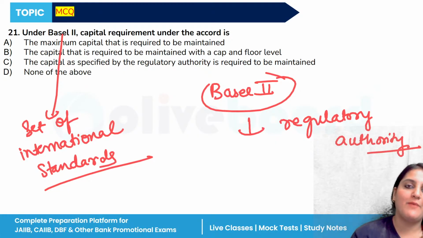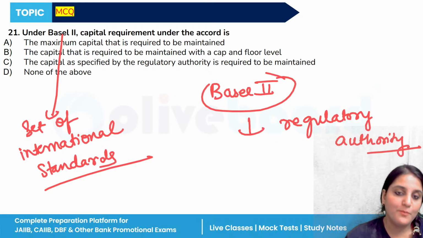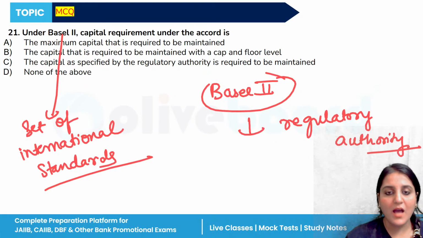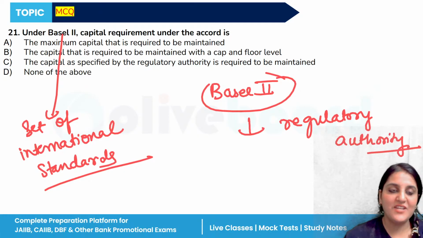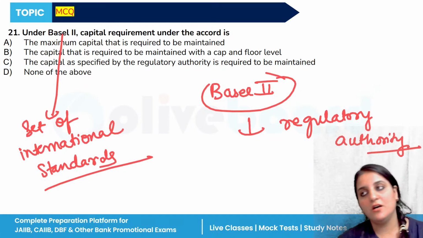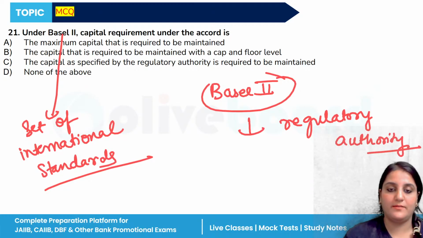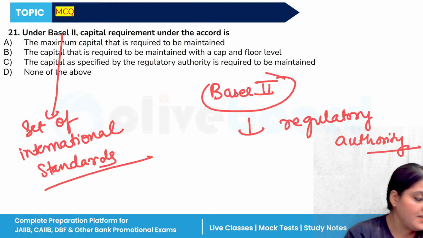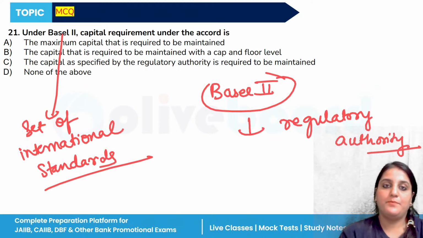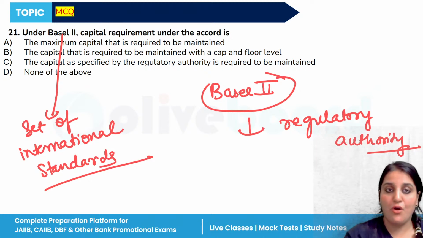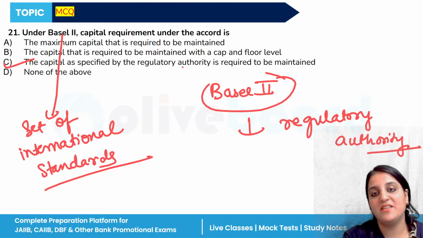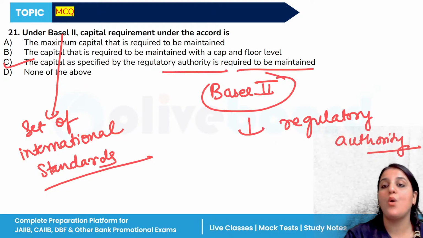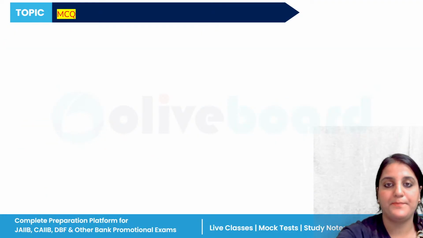It was developed by the Basel Committee on Banking Supervision, a committee of central bank governors and banking supervisors from major economies. So under Basel II, the capital is specified by the regulatory authority and is required to be maintained.